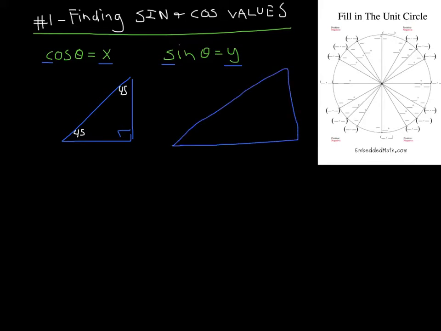These are the two right triangles you're going to use to build the entire unit circle. The sides of the first have ratios 1, 1, and root 2. For the second, the ratios are 1, root 3, and 2.